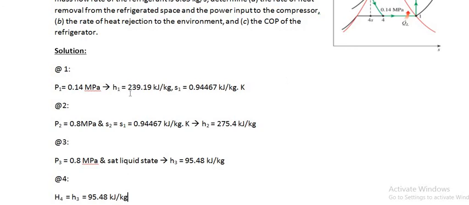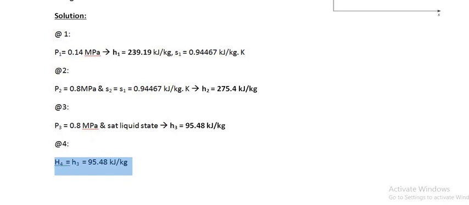So there you go. Now we have all the values of specific enthalpies, and we can put them simply in the formulas for heat transfer and work input to find the required values. So I'll just bold them for our convenience.